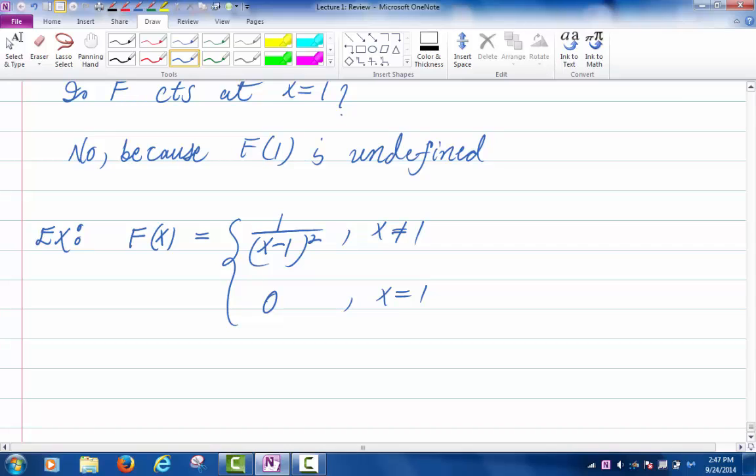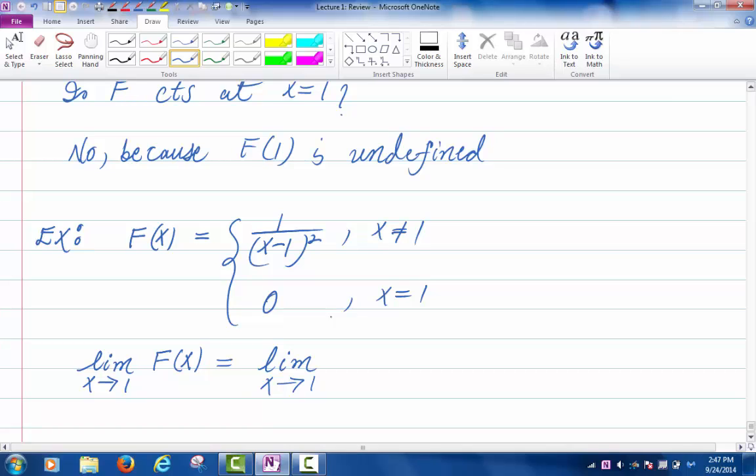Because when you take the limit of f as x goes to 1, from the right or left, in this case I could say that it is the same. Again, when I'm trying to compute the limit of the function at 1, I don't consider the value of the function at exactly 1.